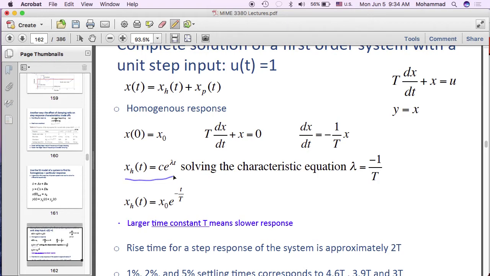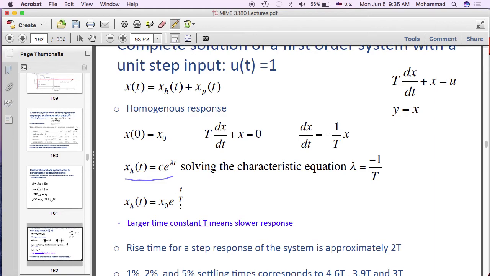If you plug that back into the differential equation, you find lambda is going to be equal to minus 1 over T. And if you enforce the initial condition that x at time 0 is x naught, a known value, then you get x homogeneous equals x naught e to the power minus t over capital T. So from the differential equation, basically you can find a homogeneous response.